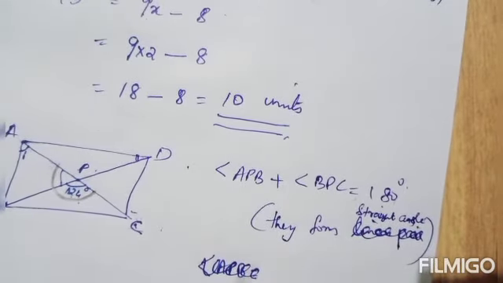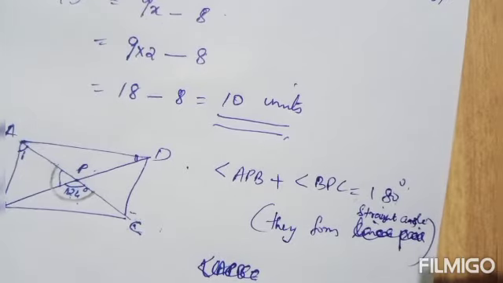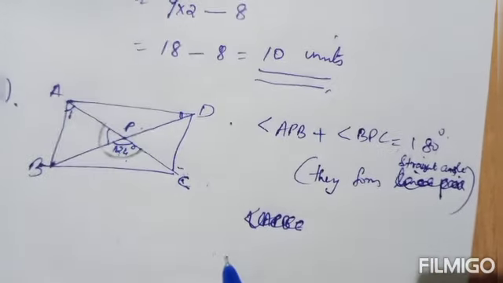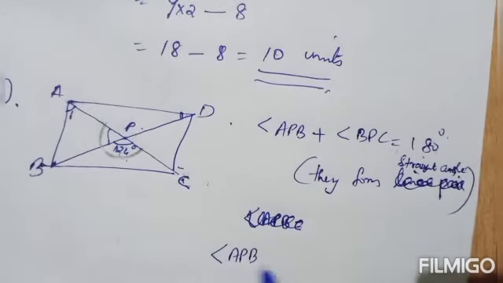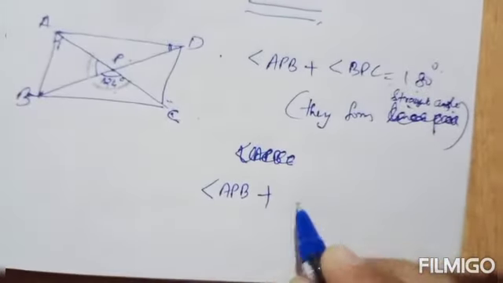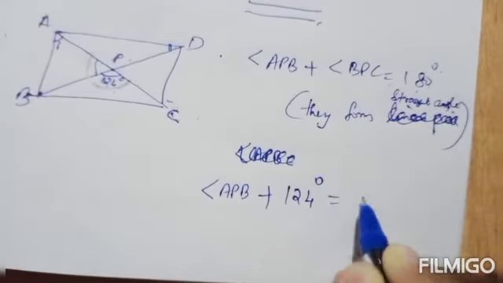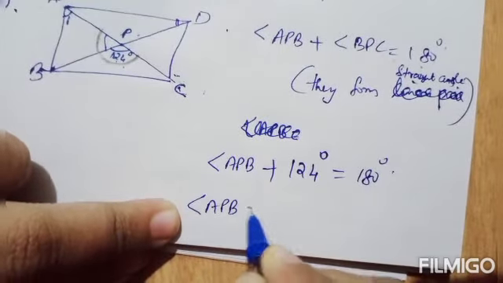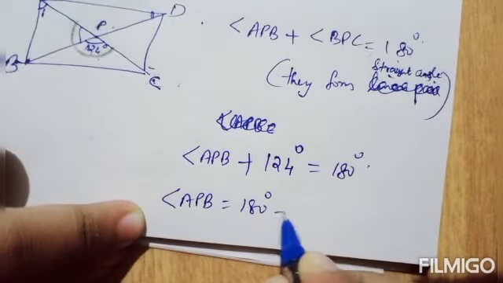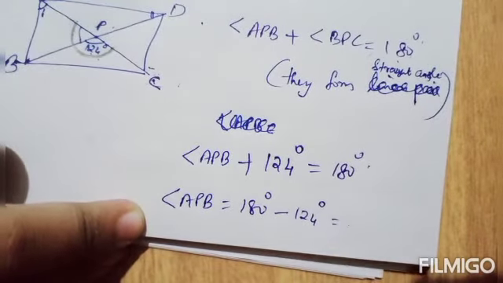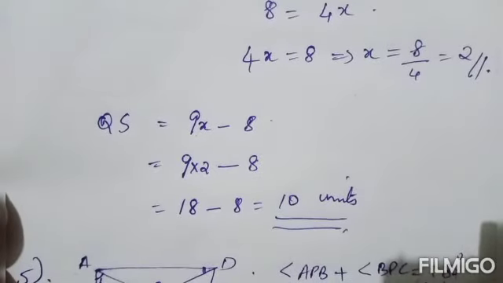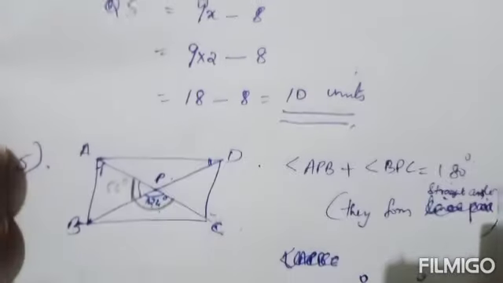Now angle BPC is given as 124 degrees. So angle APB plus 124 degree equal to 180 degree. From this, angle APB equal to 180 degree minus 124 degree, you will get 56 degree. That is this angle, it will be 56 degree.